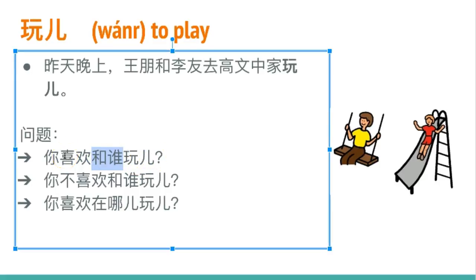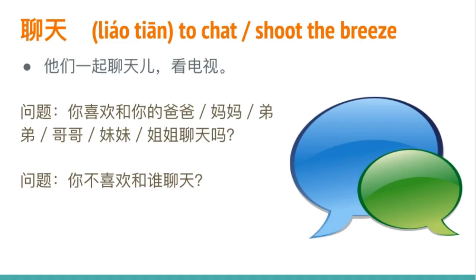Do you like to play? 我喜欢和我的妈妈玩，我喜欢和我的女儿玩，我喜欢和我的朋友玩。你不喜欢和谁玩啊？我不喜欢和王鹏玩。你喜欢在哪儿玩？我喜欢在图书馆玩。我喜欢在高小英的家玩, and so on.